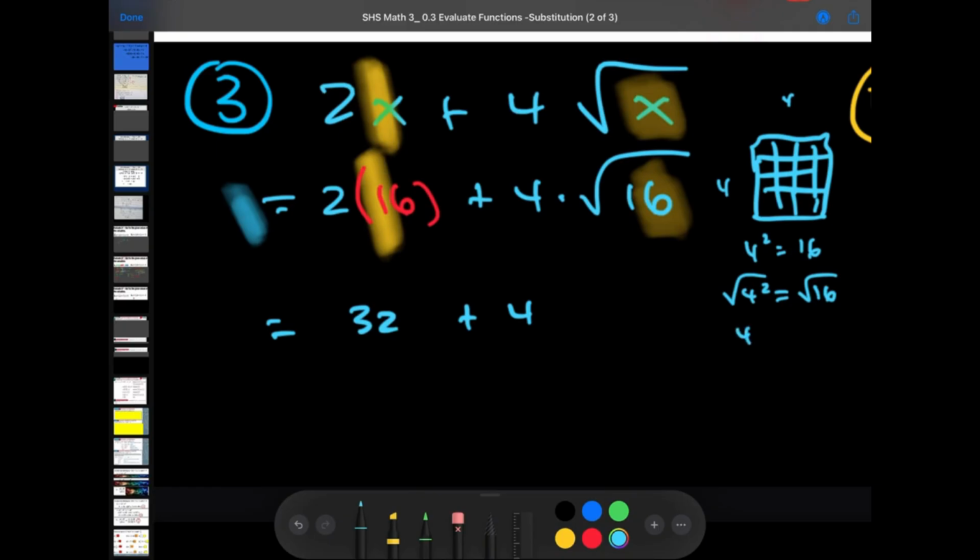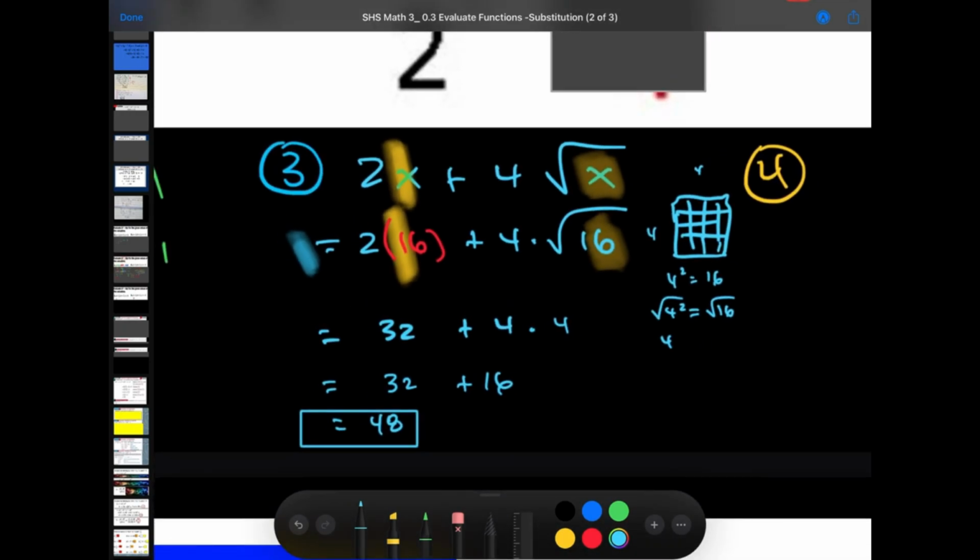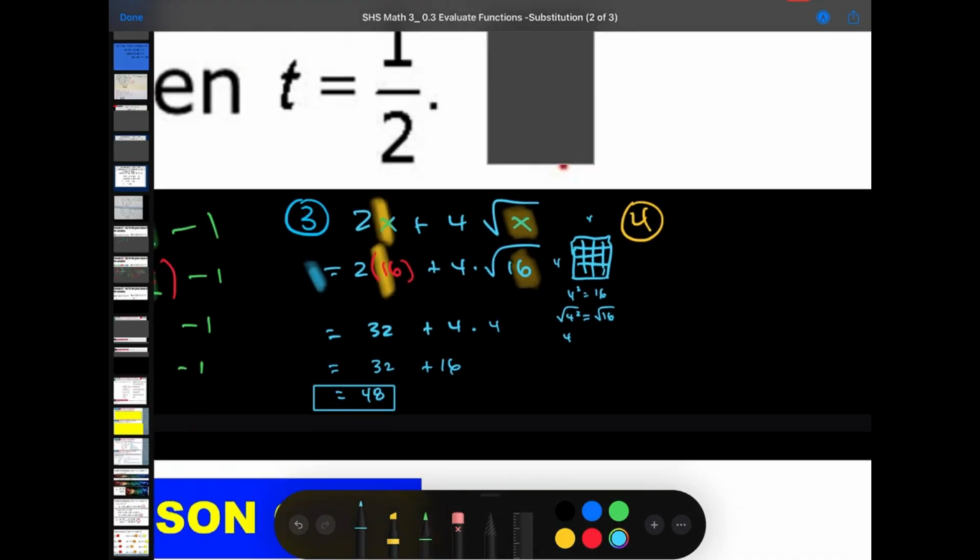And then you have multiplication here. So 4 times 4 is 16, and 32 plus 16 is 48. Raise your hand if you got 48. Good job.